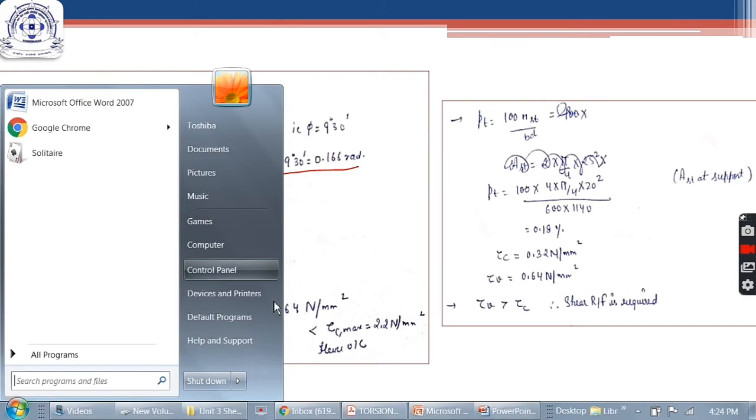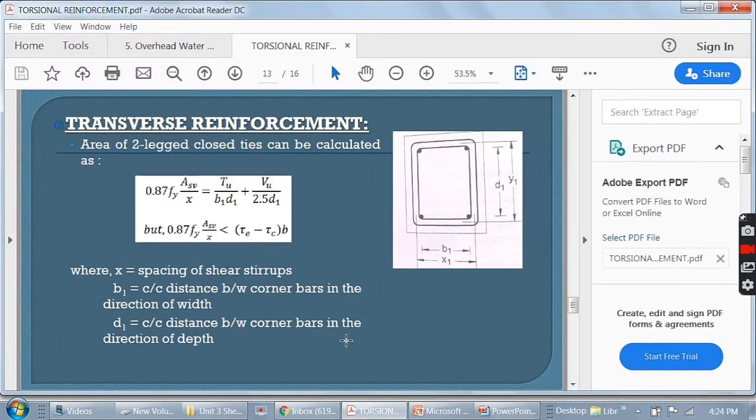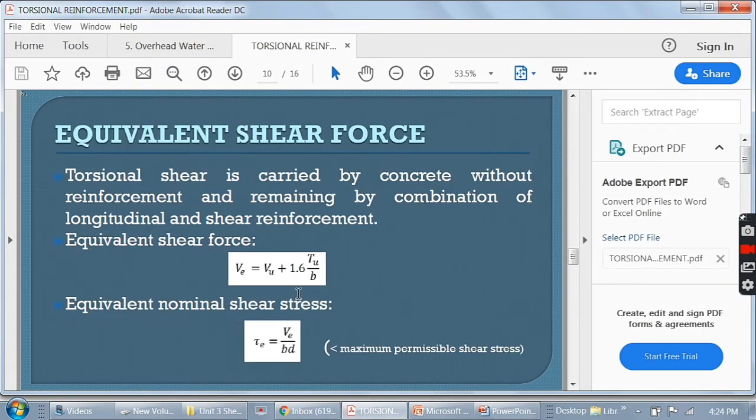Now again I will go to the other PDF, and here you can see that the equivalent shear force in torsional reinforcement is calculated in this way. Ve is equal to V plus 1.6T upon B, where V is the shear force acting at that point and T is the torsional moment acting at that point.